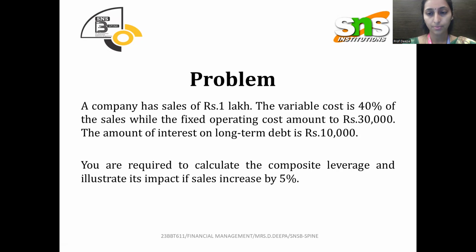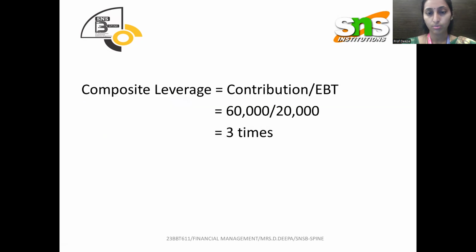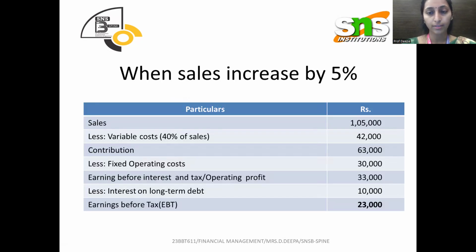Sales is 1 lakh, so we should consider this 5%, and we'll get 1,05,000. Now sales is 1,05,000 and the rest of the things are the same as the previous one, 40% of sales. So variable cost will be 42,000.